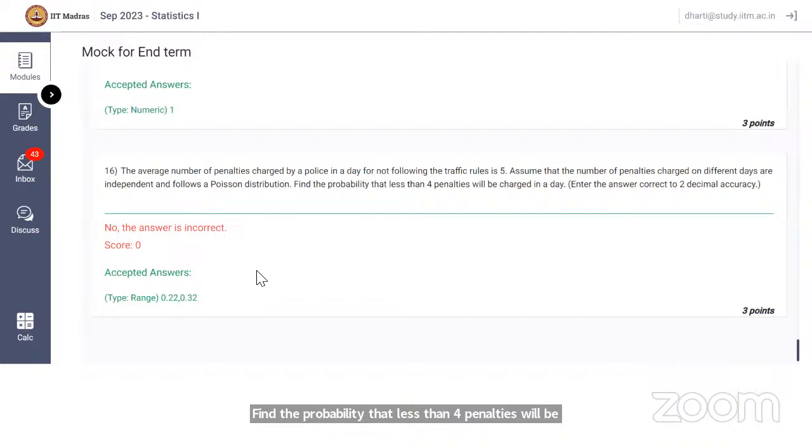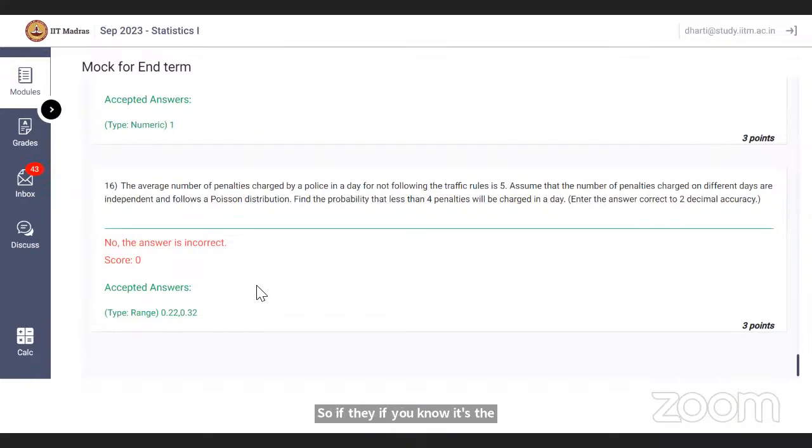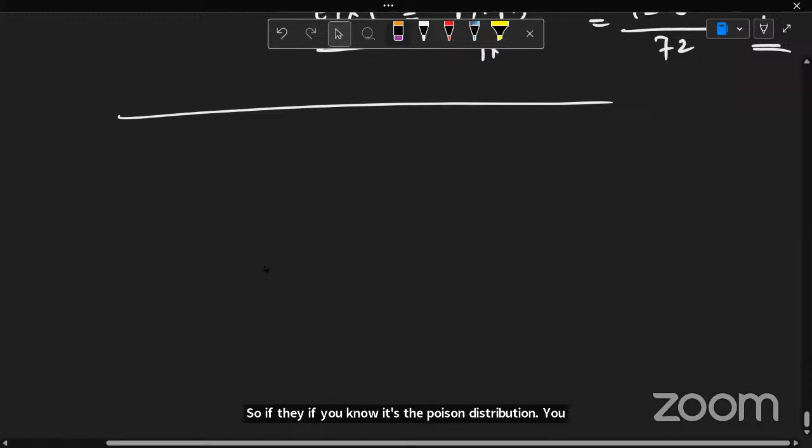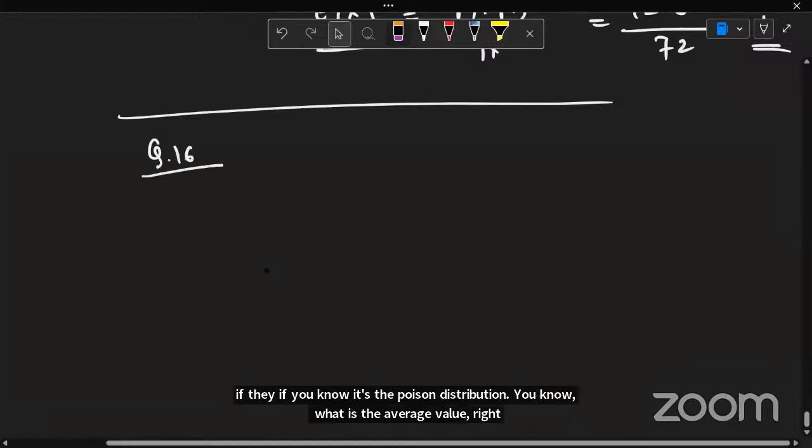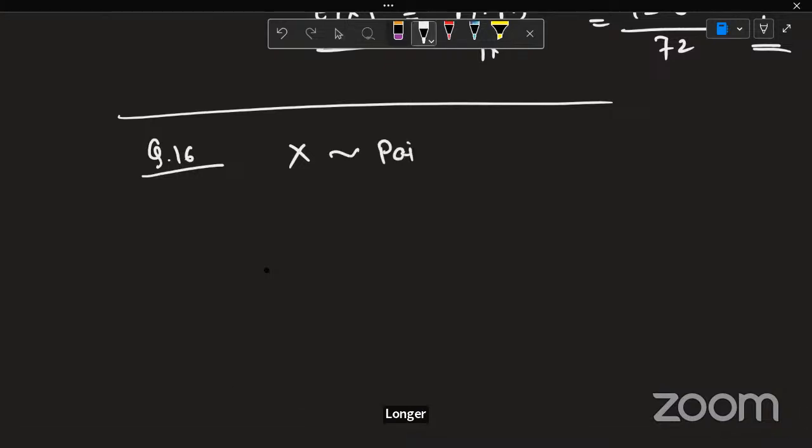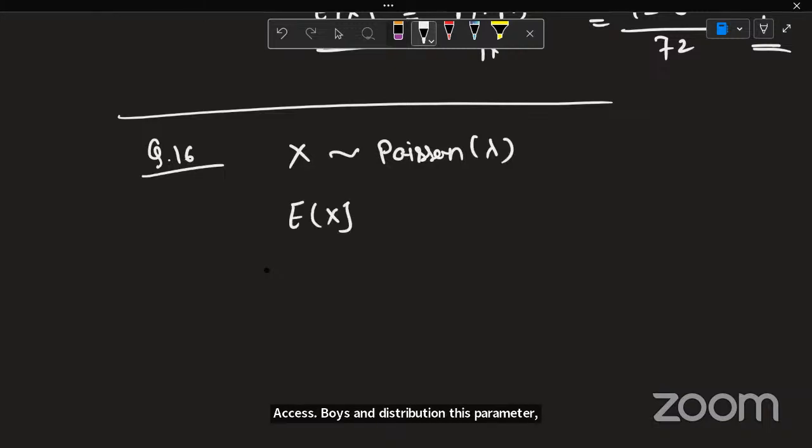So if you know it's a Poisson distribution, you know what the average value is, right? X is following Poisson distribution with parameter lambda. So your expectation of X will be lambda only, which is given as 5, right?